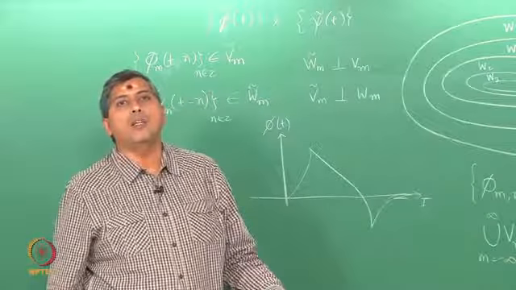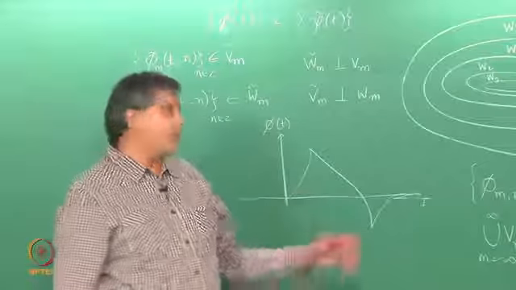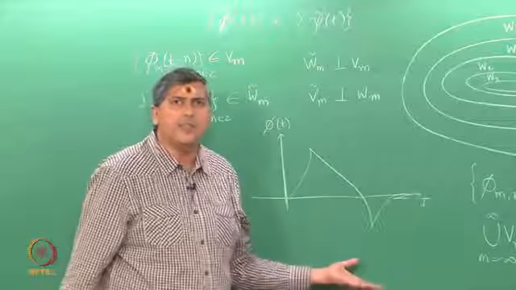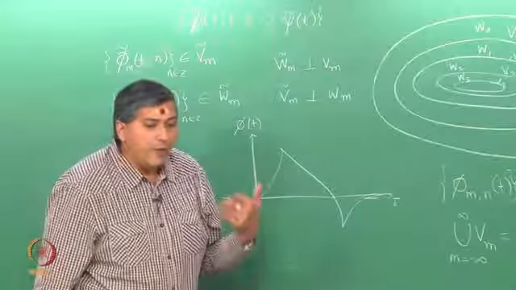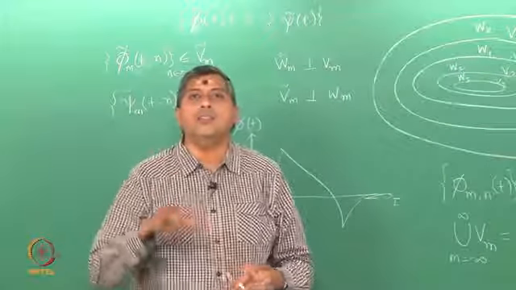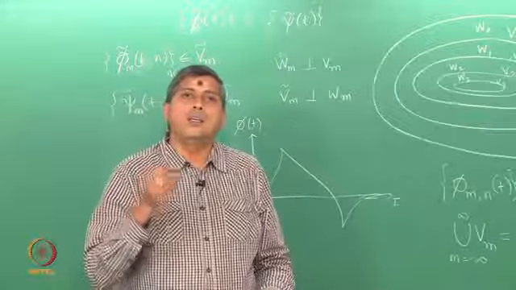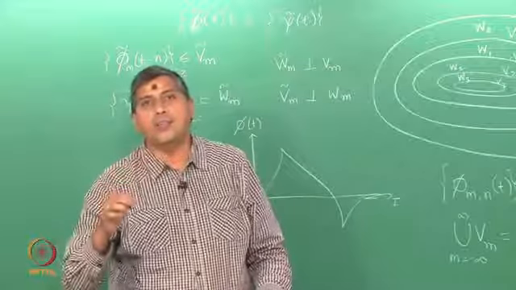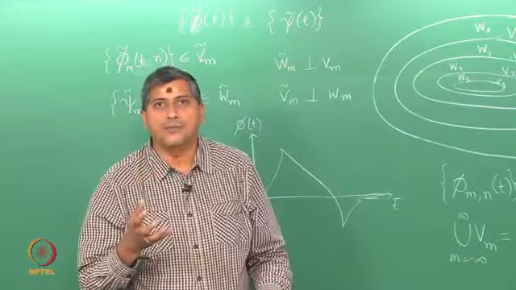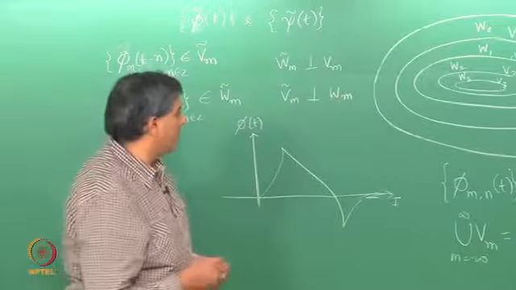And when I use filters whose impulse responses are not symmetric, although I do not show the impulse response here, phi of t is the impulse response of the associated low pass filter. When that is not symmetric, then phase distortion occurs, and the sharp changes or the edges in the signal are distorted, and that is not really good for signal analysis in certain applications.